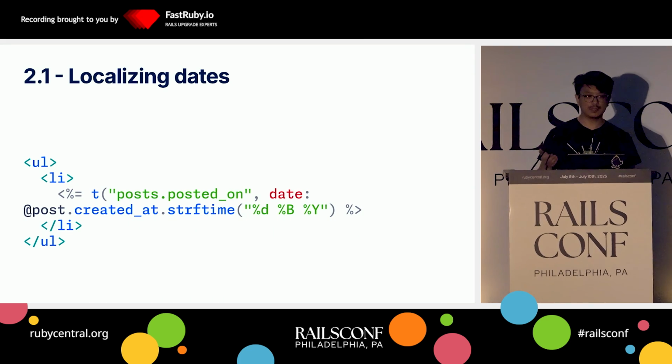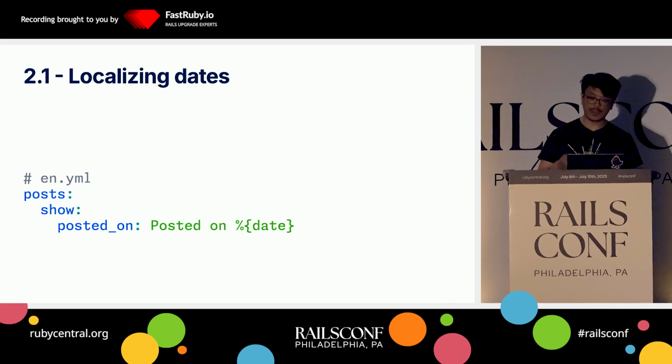And we also need to include the formatted date, in addition to just the static text. So like I alluded to before, translate lets us pass variables into the translation. So we can pass the formatted date as a variable called date. And then when we define the string in en.yaml, we can include the variable with curly brackets.